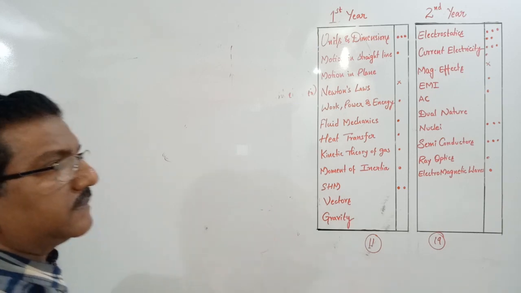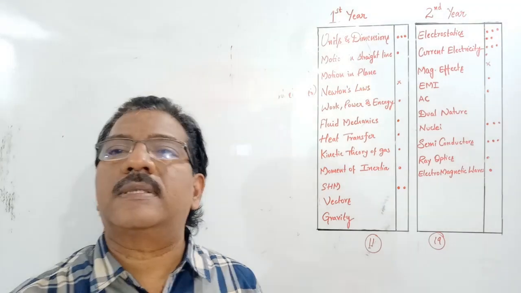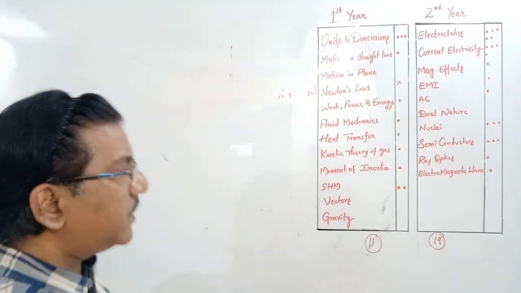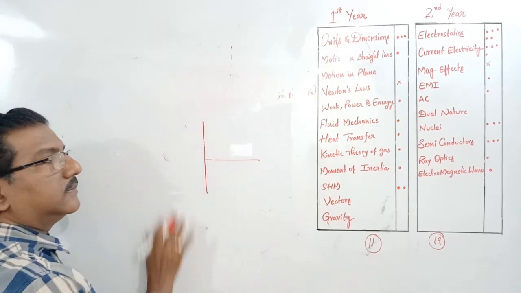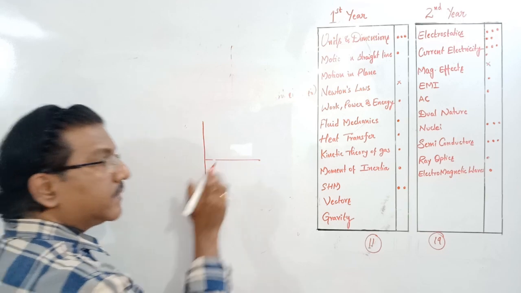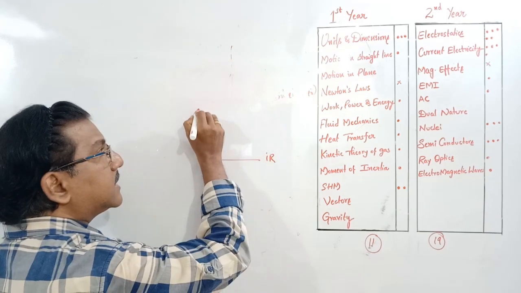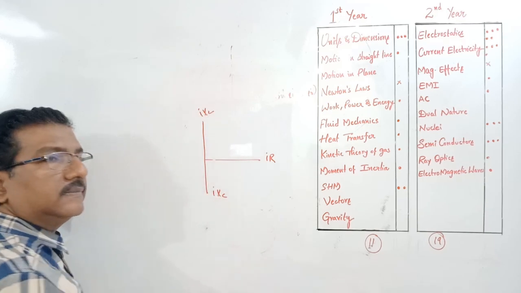Yeah, come to AC. For AC, we have one mother formula. For AC, we know that. Mother diagram. Open the notes you have. Here is IR. Here is IXL. Here is IXC.